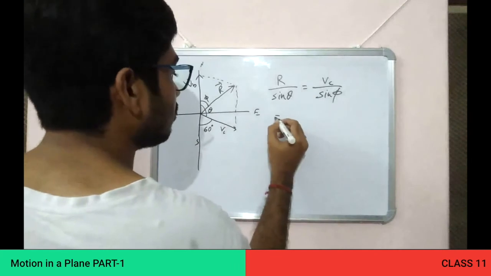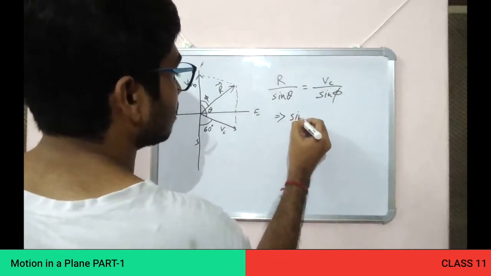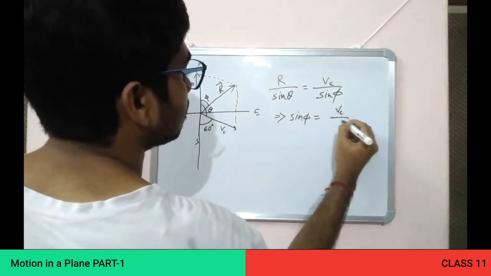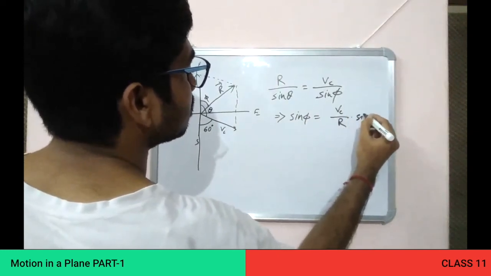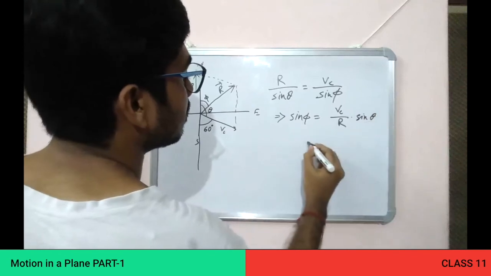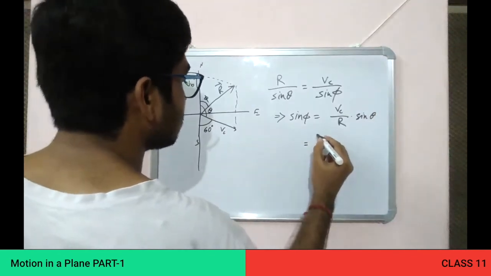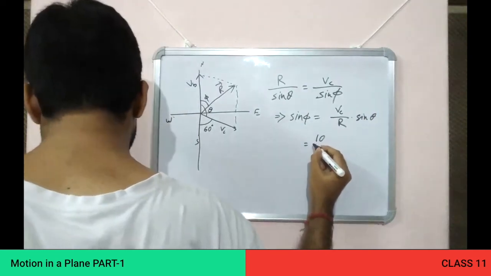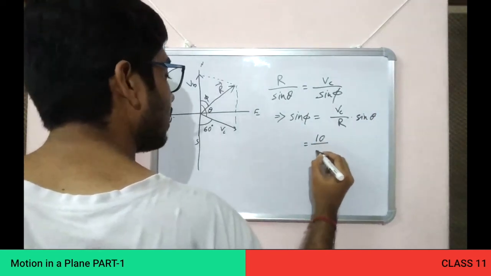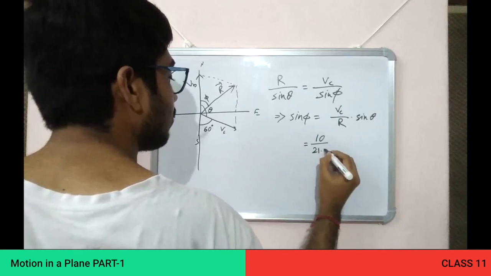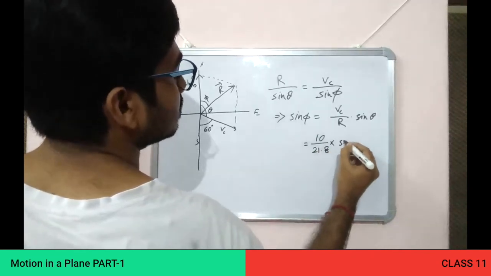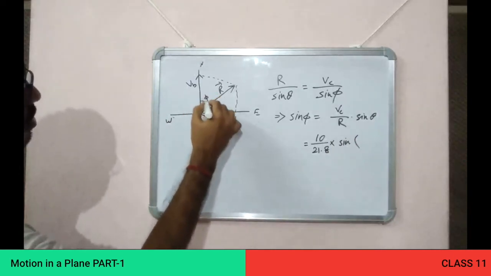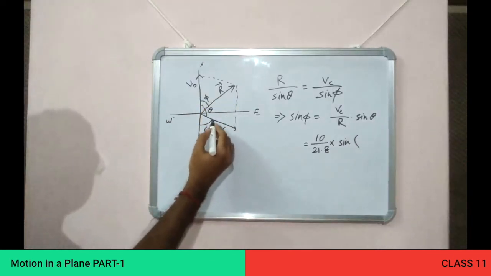So we can conclude here sin phi is equal to VC by R into sin theta. So this is our VC was 10 by R was 21.8, and sin theta, this angle is theta, this total is 180 degree and this is 60 degree.